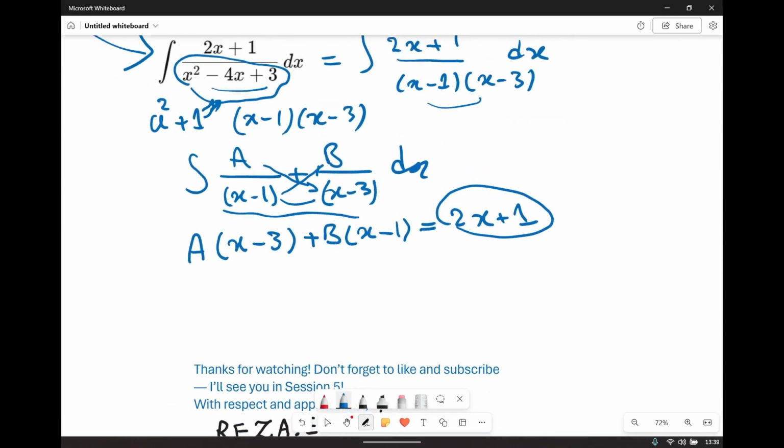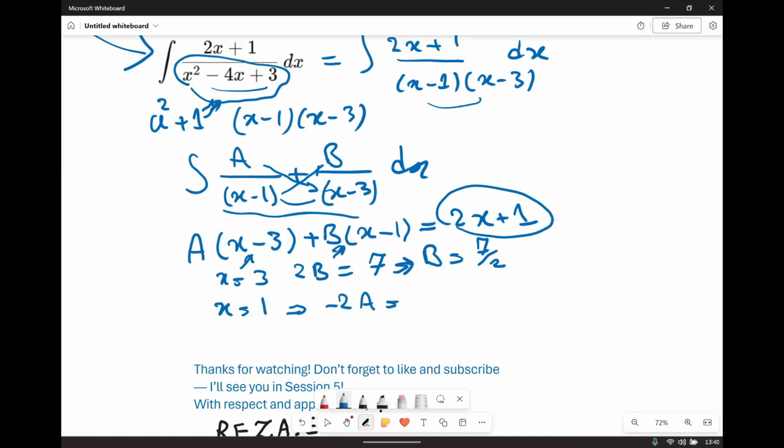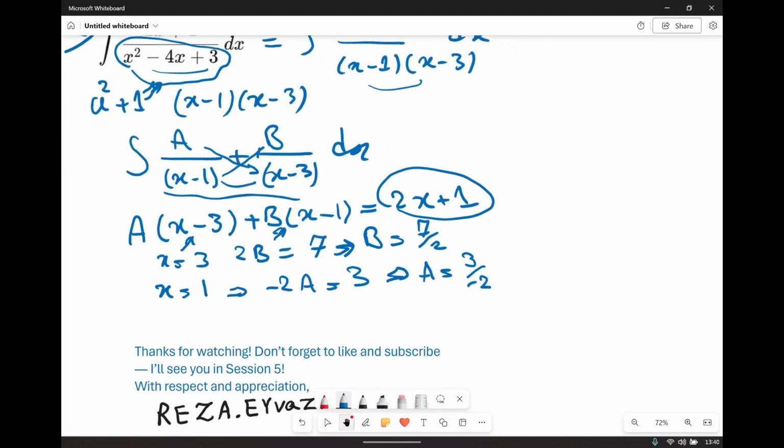If I suppose x equals 3, this part cancels and it is 2b equals 7, and immediately b is 7 over 2. But if you put x equals 1, this part cancels and it is minus 2a equals 3, and our a is exactly 3 divided by minus 2. Oh, it's so simple right now.